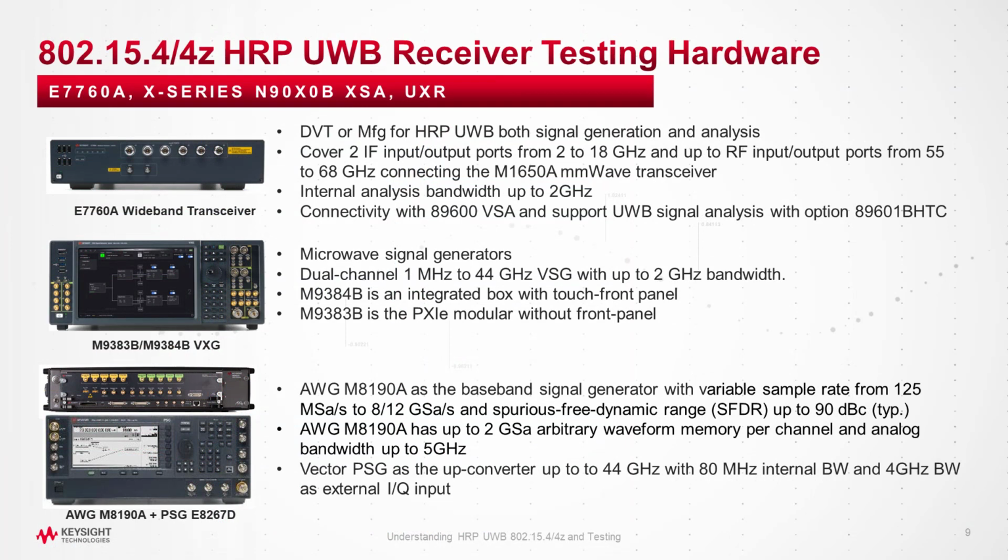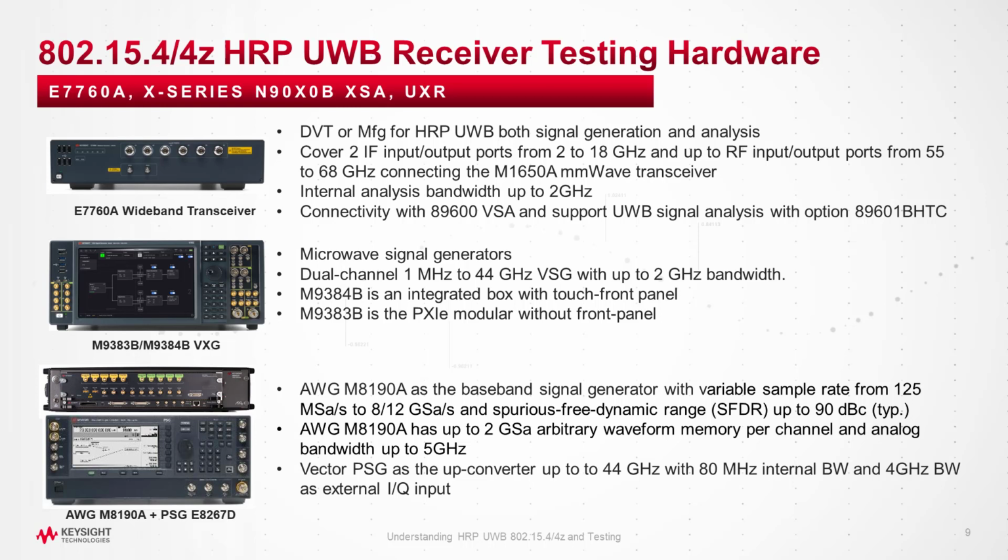Keysight has different hardware platforms which can meet the high band above 6 GHz frequency and above 500 MHz bandwidth. E7760A is a wideband transceiver which can both generate and analyze signals with a single instrument, so it is mostly recommended for wideband wireless technology design verification tests or manufacturing customers.